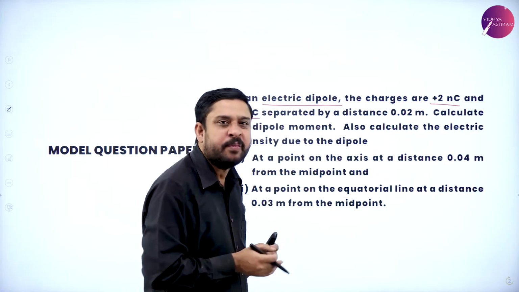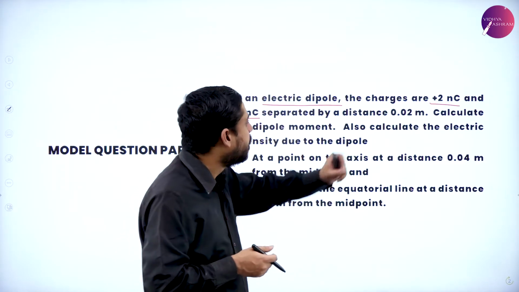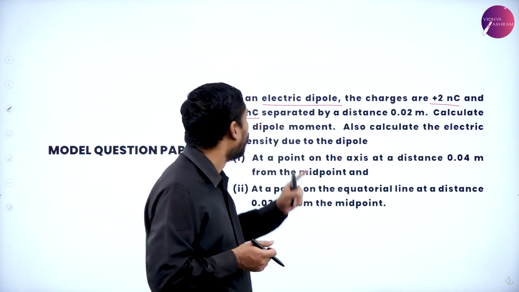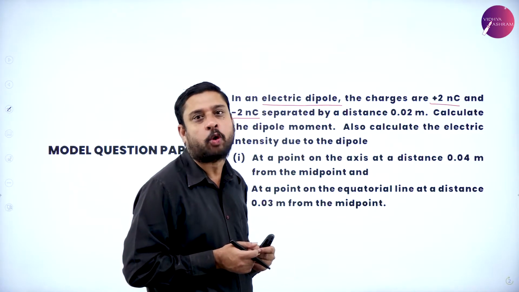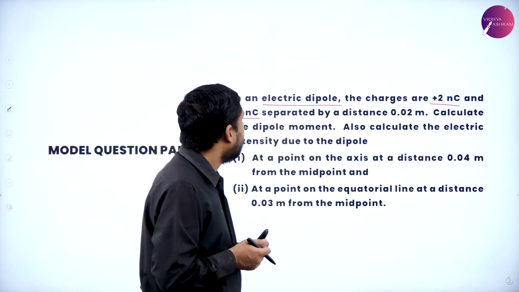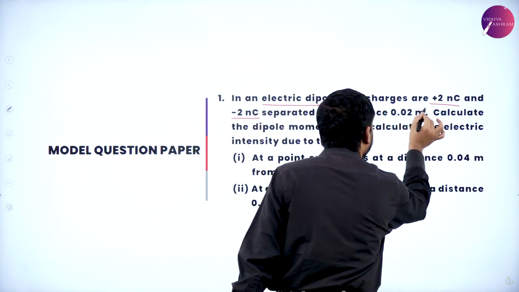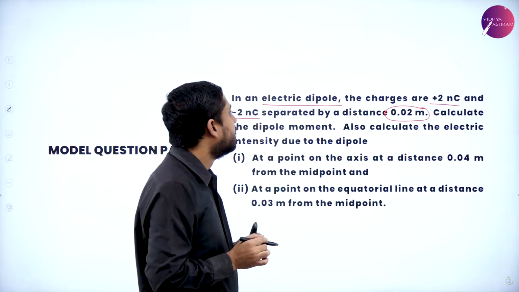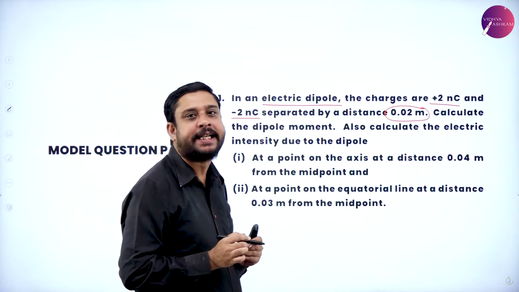So here the two charges have magnitude +2 nanocoulomb and -2 nanocoulomb. And they are separated by a distance of 0.02 meter.